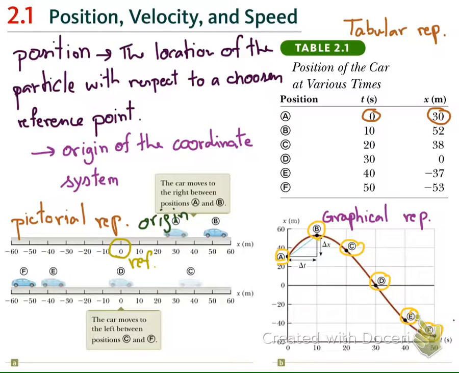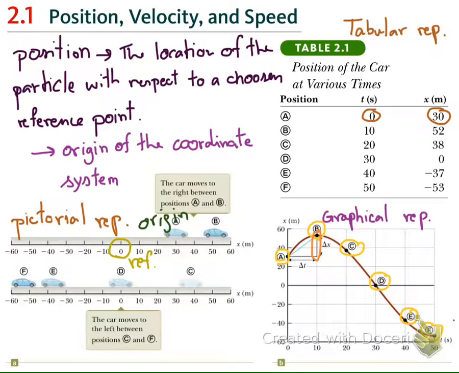If we look at the graphical representation here, and we are interested in the motion of the particle from point A to B, the displacement is the length of this line. The displacement is the delta x here. This is the delta x.